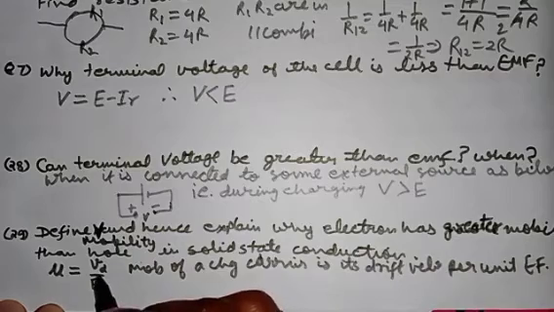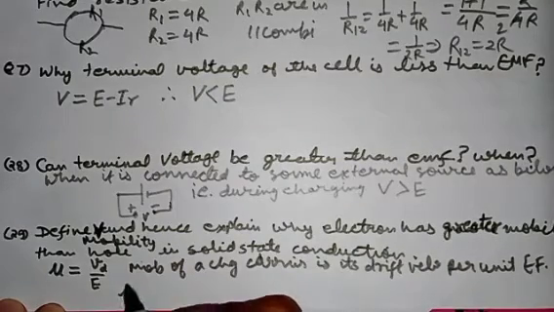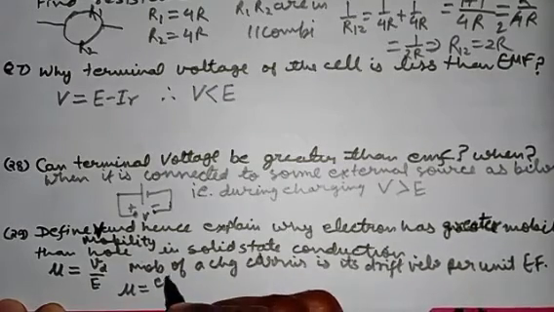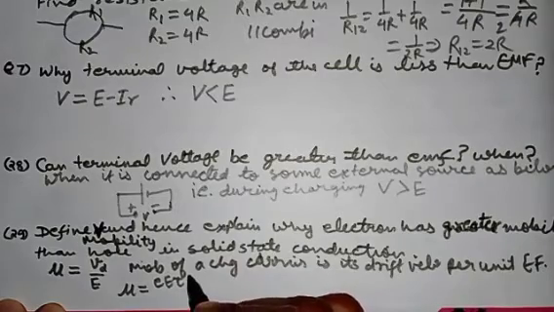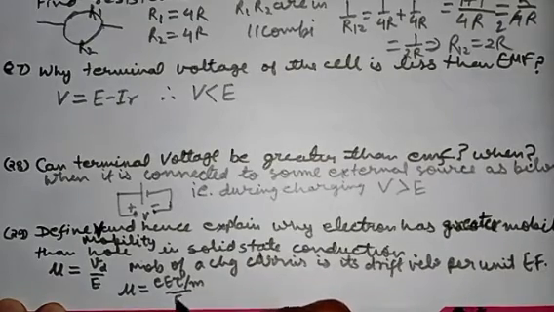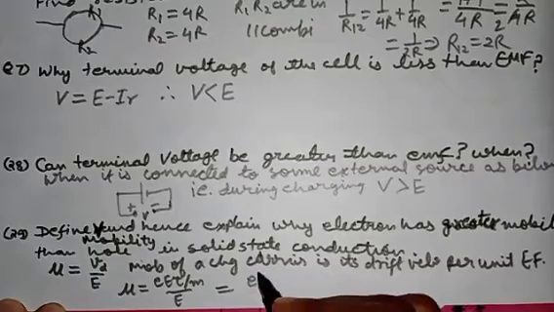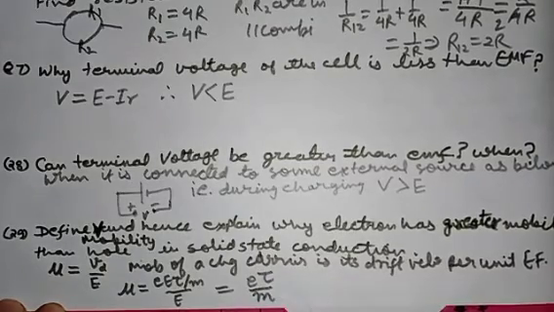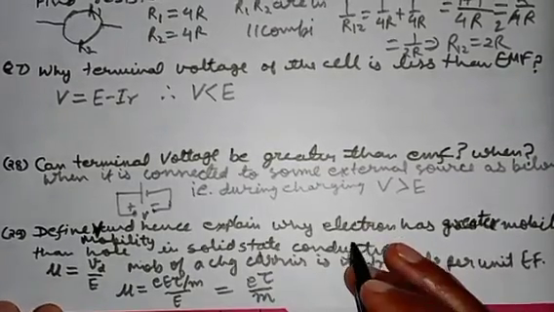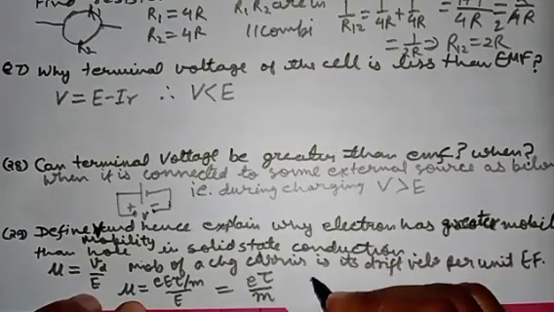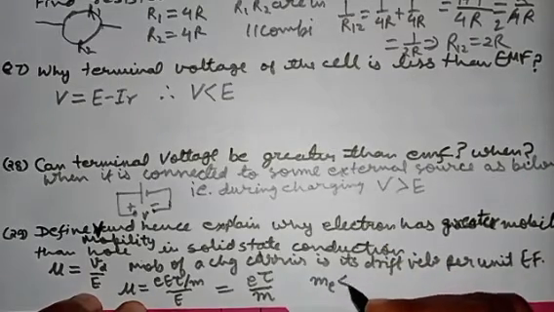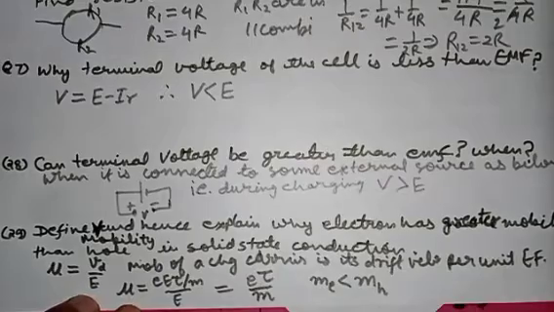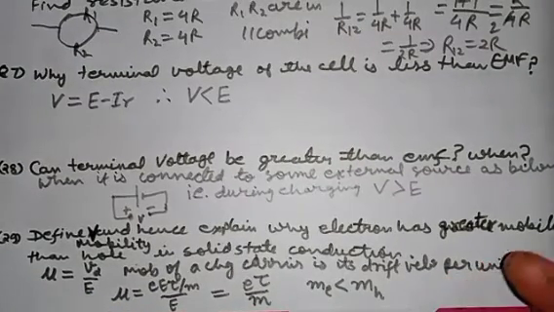So we know that Vd is E tau upon m, upon E. So mobility is now e tau upon m. Now mass of electron is less than mass of hole. Actually, a hole does not have any mass, but hole is a whole assembly.